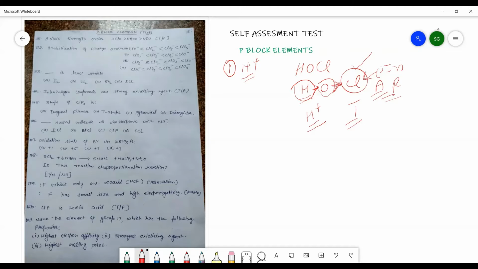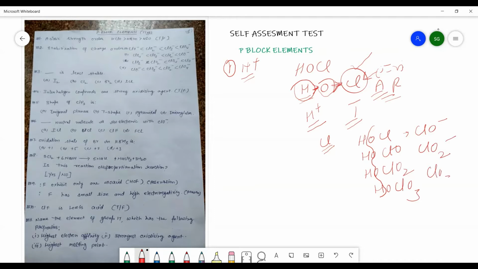Now the second question is stabilization of charge order. You can see easily that these are the oxo acids of chlorine that you have done in the 17 group elements, that is HOCl, HOClO, HOClO2 and HOClO3. When you remove the H positive ion, you will get the species ClO minus, ClO2 minus, ClO3 minus and ClO4 minus.